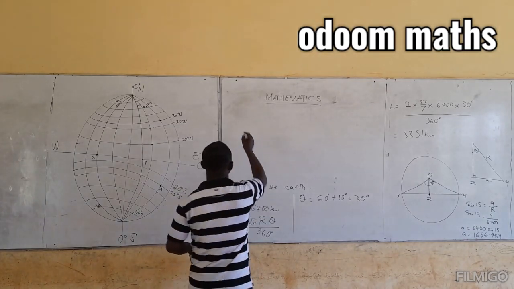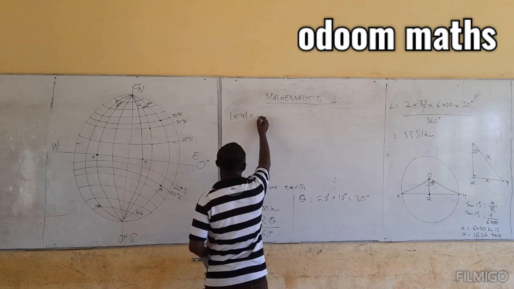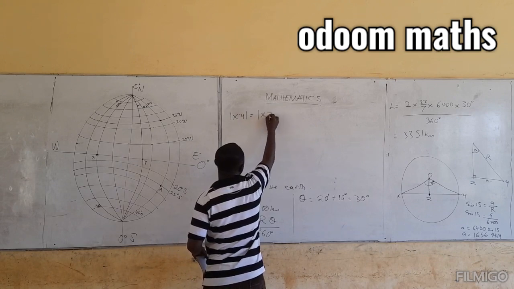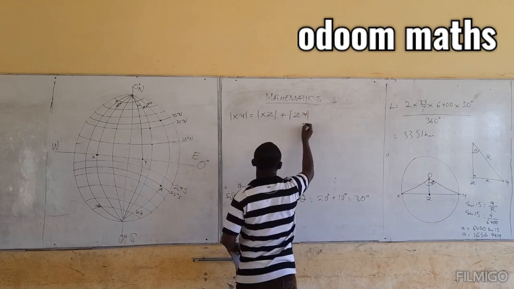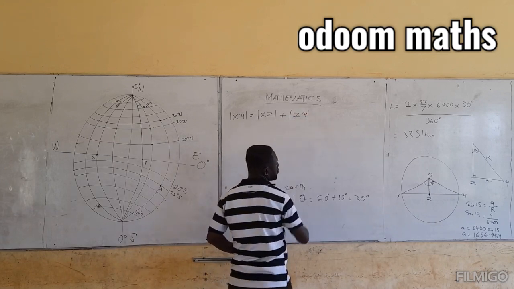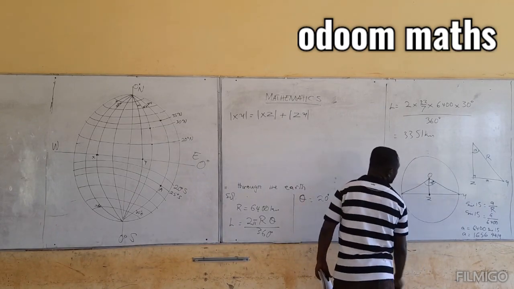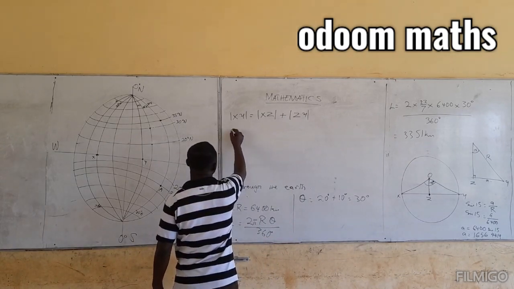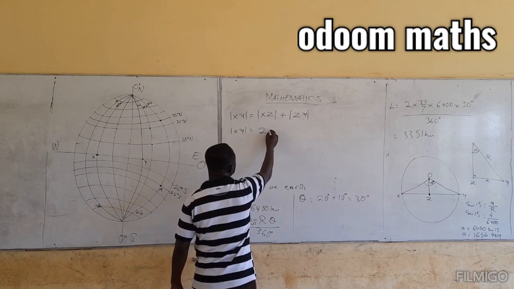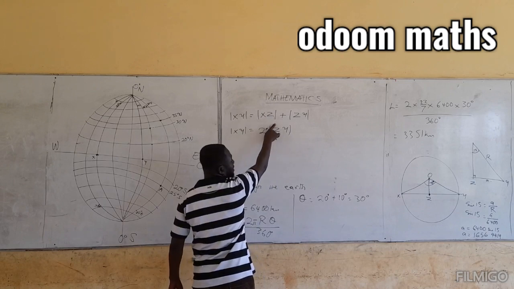So our length XY is equal to the length XZ plus the length ZY, and we know length XZ is the same as A, which is 1,656.4419. So length XY becomes 2 times ZY, or 2 times XZ.